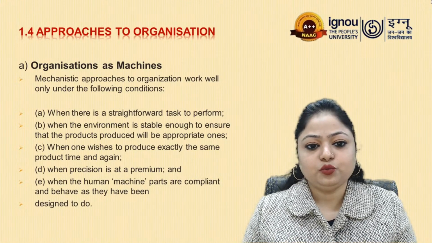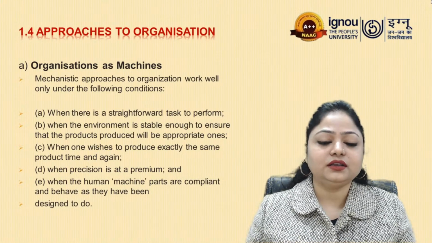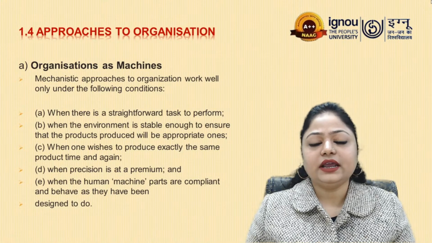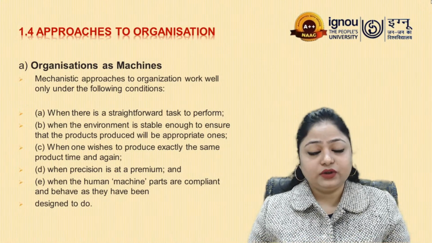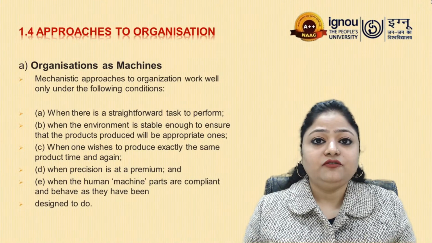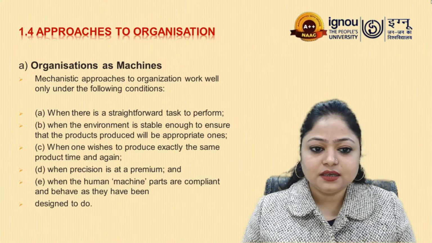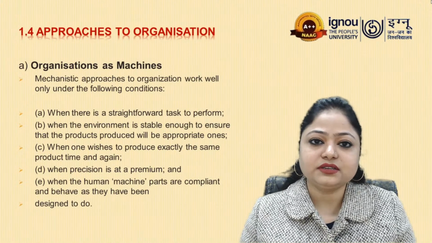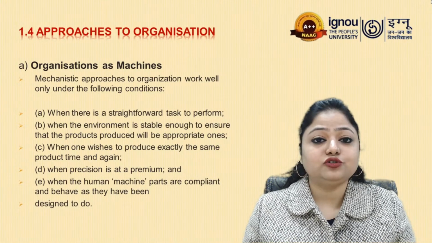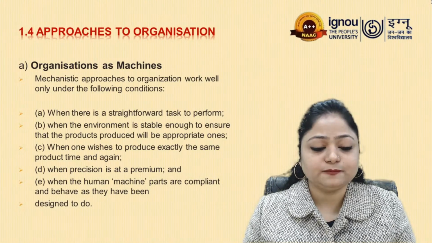Once the environment does not have any turmoil or does not pose any threat, till then the organization can be treated or understood as a machine. But once there is a turmoil, any change, any factor which is going to affect our internal transformation process, then there will be a problem in understanding it as a machine. So the environment has to be stable enough to view organization as a machine.